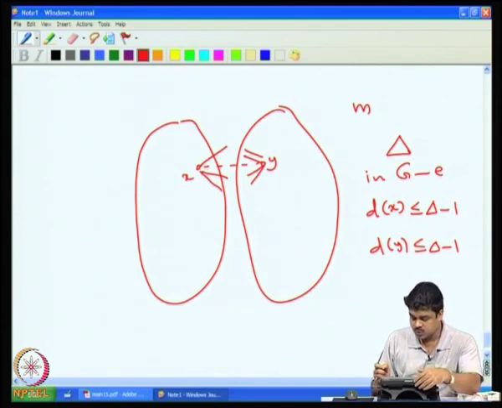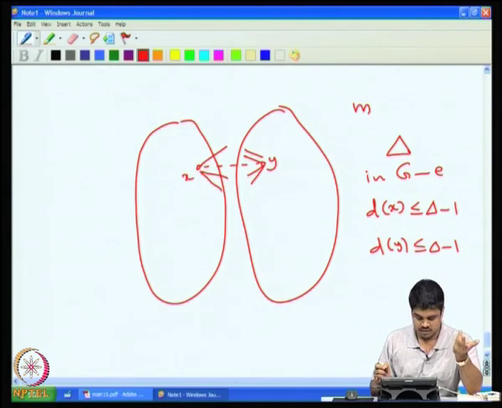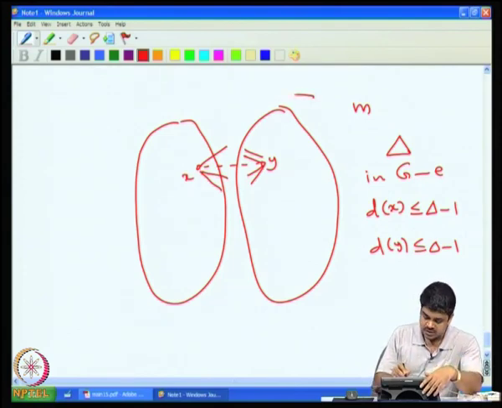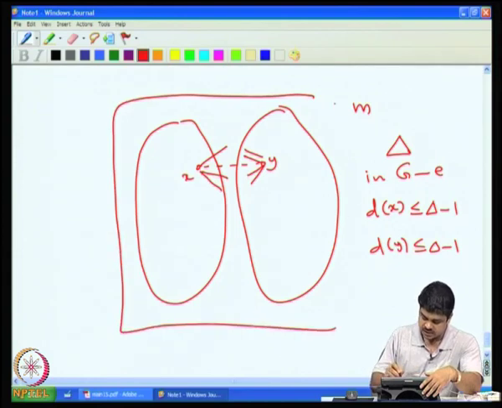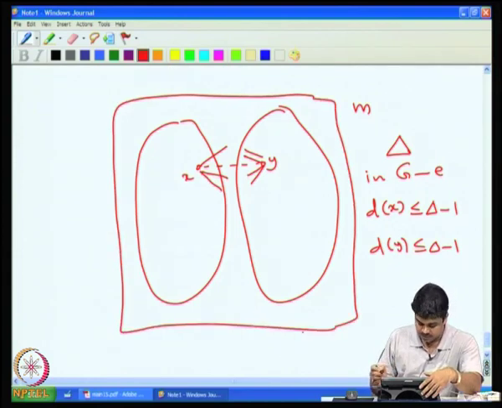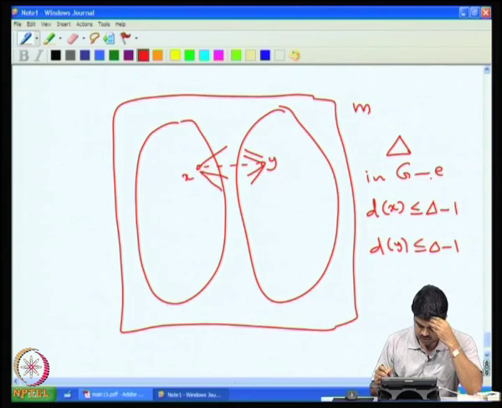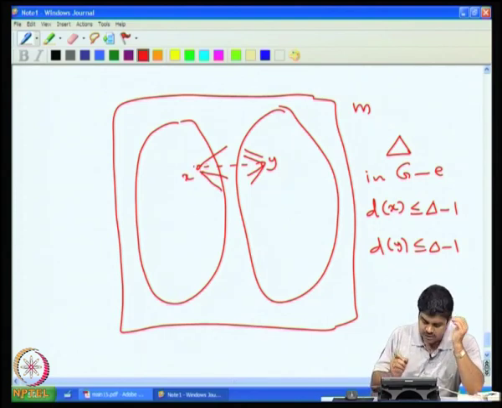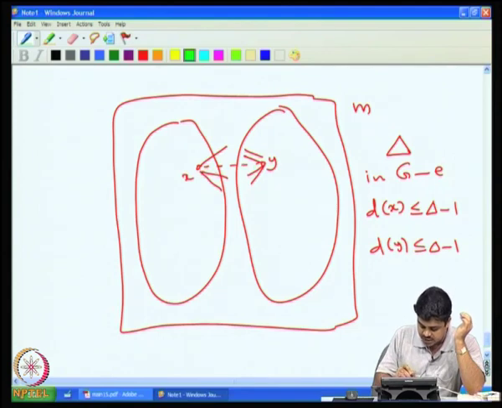So if it so happens that the delta itself reduced, then we are done, because anyway we are allowed to use one more color, we can use that new color. So we can assume that delta is not reduced. So this is colored using the delta colors, right? Now the point here is to consider, first we will see whether I can give a new color to this removed edge without any conflict.